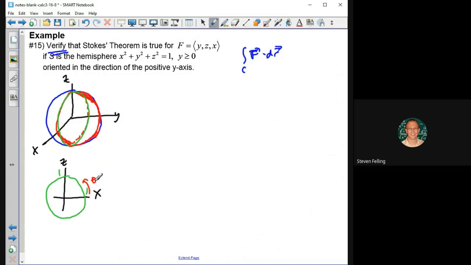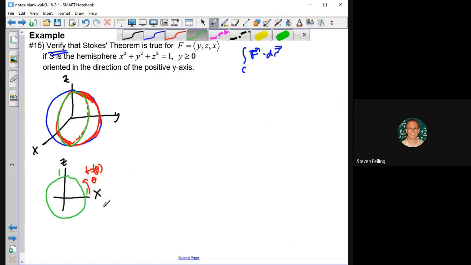So I'm just going to go with theta as the parameter, or if you like, we'll call it t, but it's really theta. So I'm going to parameterize the curve.